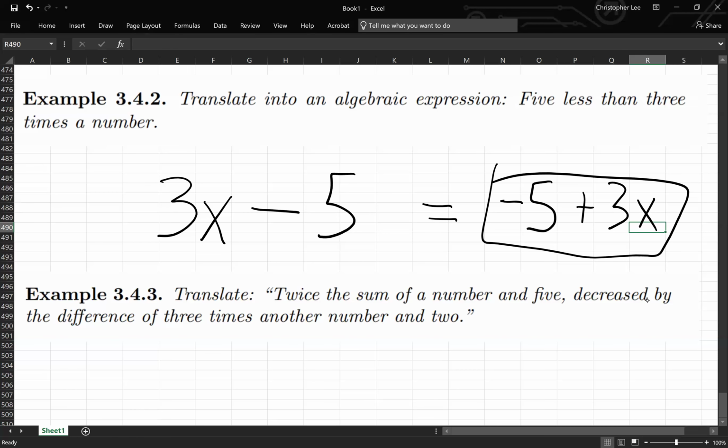Because it's in English, you might see the comma there and all that, but it's all together as one sentence.